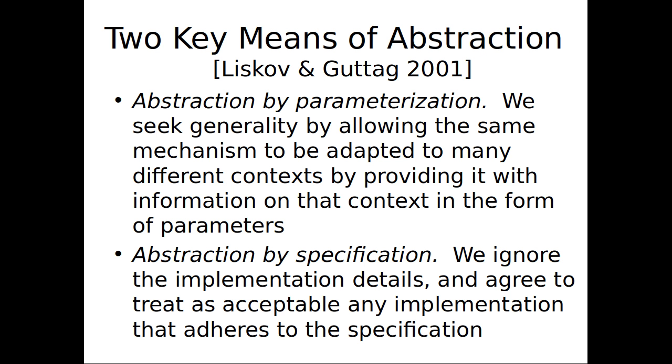From 115 onwards, you've been creating functions or methods that take in parameters, and depending on the value of the parameters, the details of exactly what they do differ. Maybe the parameter is a particular array to operate on, or the number of elements that you want to search. And you can reuse this function at many places because it takes parameters, in the same code base or different code bases, because it has generality by virtue of those parameters. But the thing we're going to talk about today is abstraction by specification.